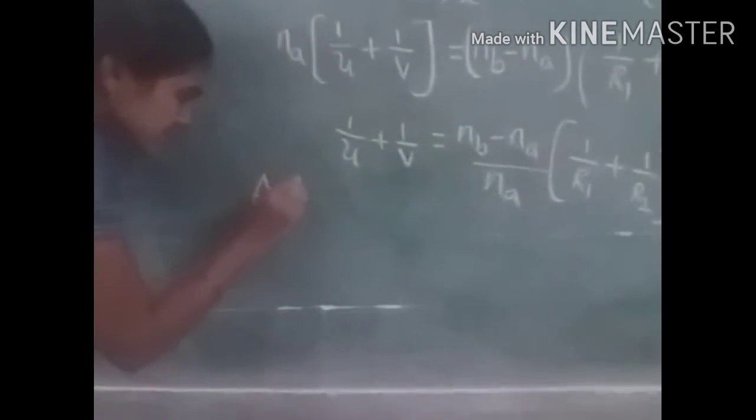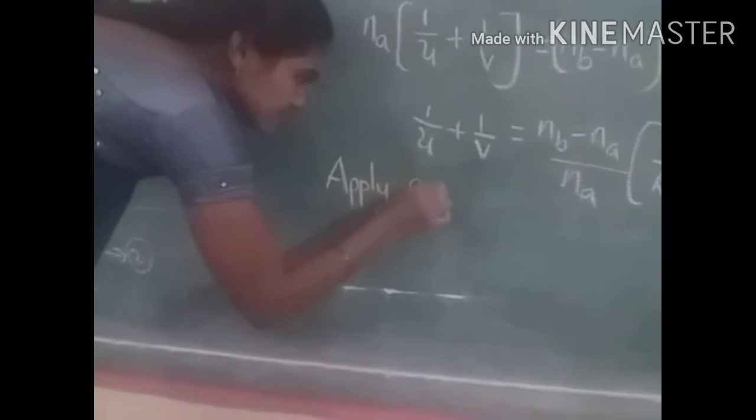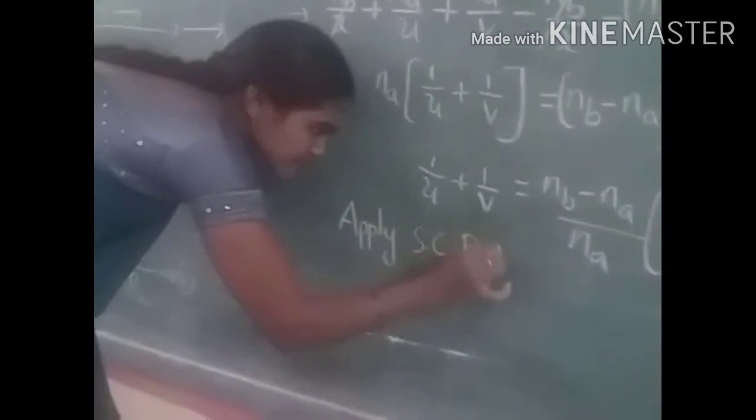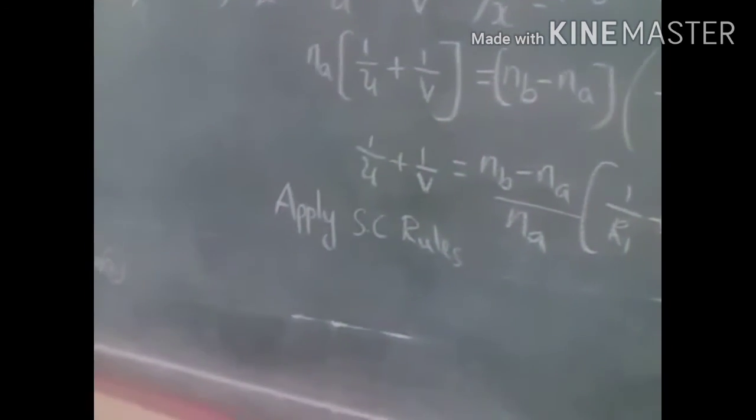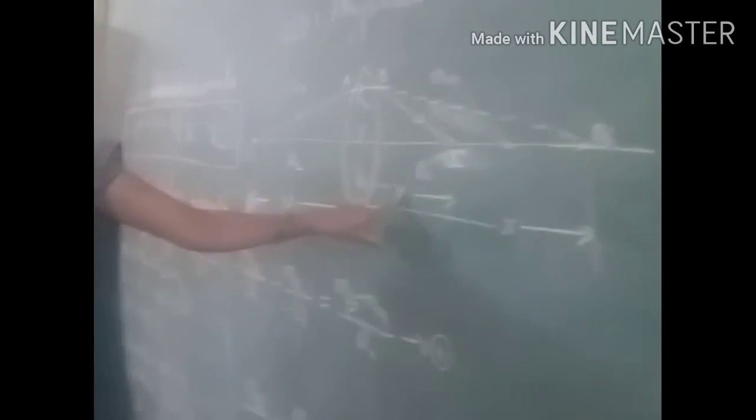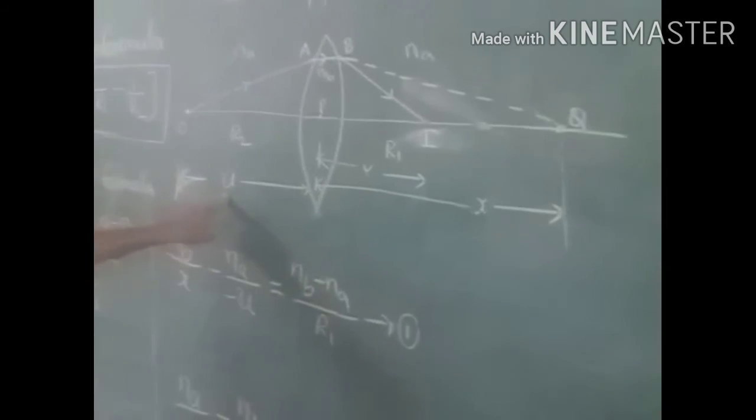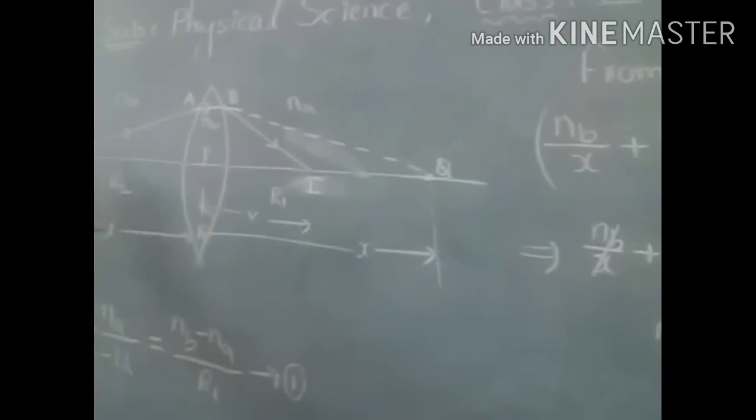Now we have to apply sign convention rules. If we apply sign convention rules in this figure, where V is positive, U is negative, and R1 is positive, R2 is negative. So we apply the same.